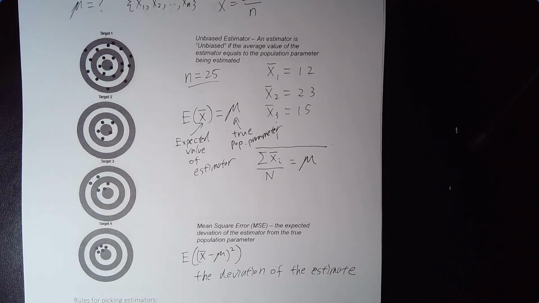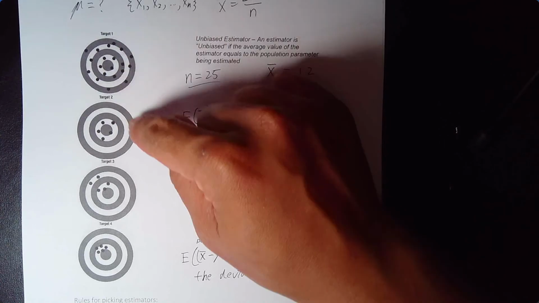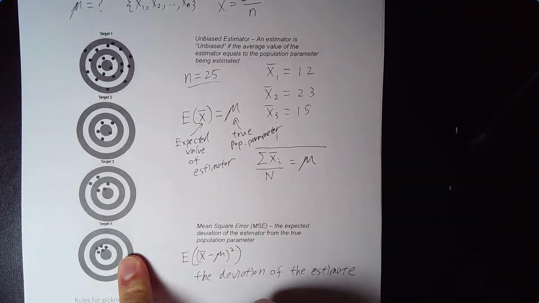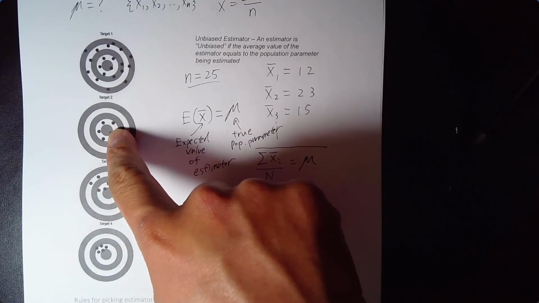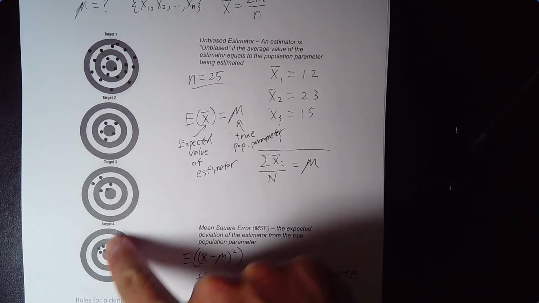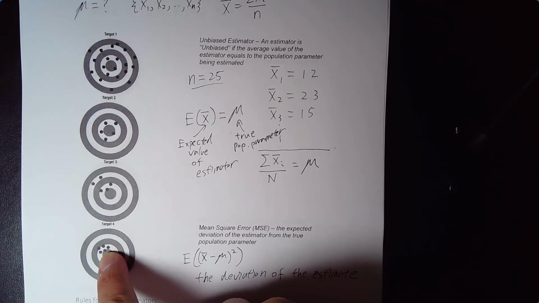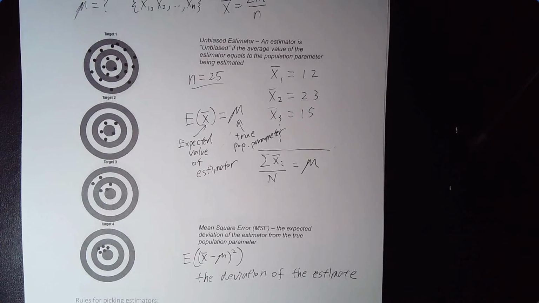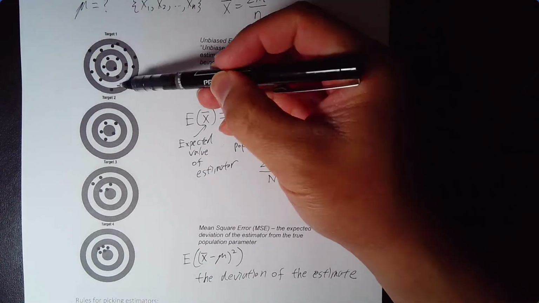We will say target 1 and 2 are unbiased, whereas target 3 and 4 are biased. Why? Because the goal is to get the bullseye, but it seems like there's a drift. Even though target 4 seems very accurate, it's not aiming at the bullseye.